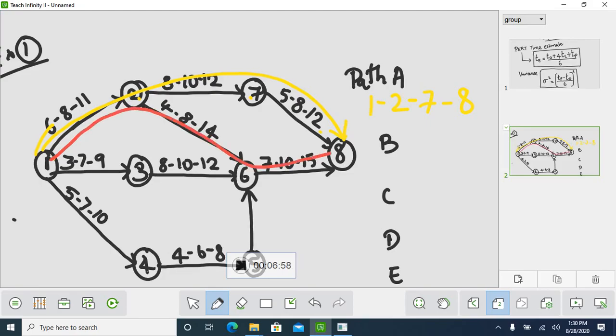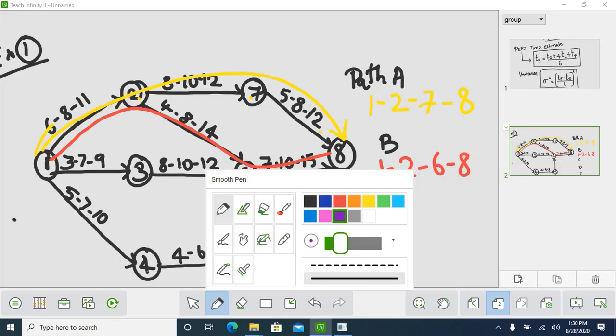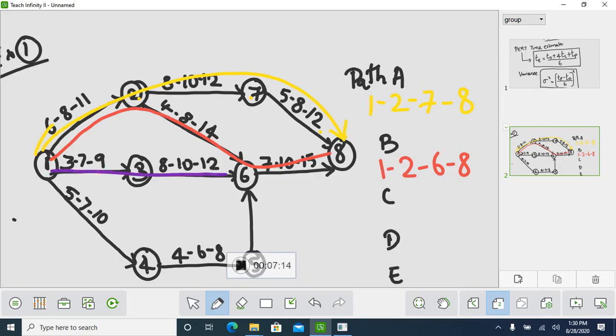The second path is 1, 2, 6, 8. This is your path B. Next, 1, 3, 6, 8. Straight, you have one more path, that is 1, 3, 6, 8. This is your third path. So next, which path do you have?